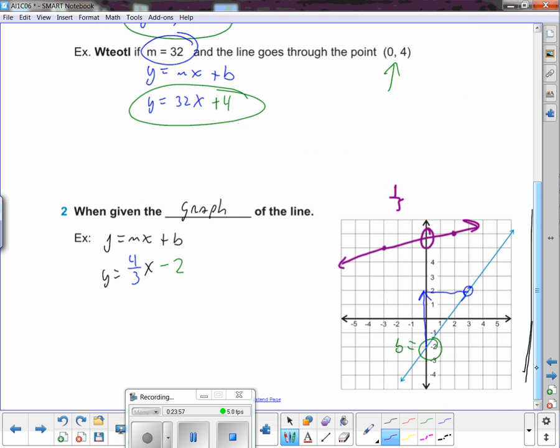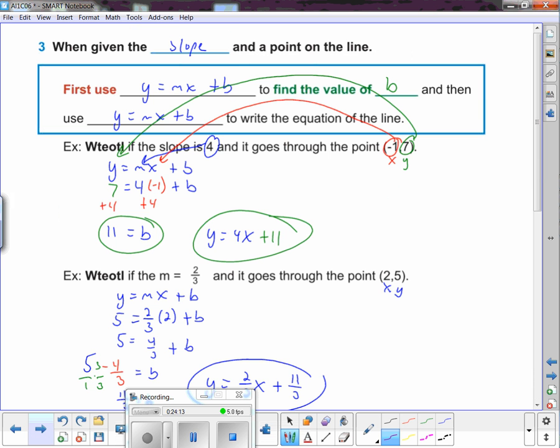Second way, they could give you the graph. Actually, in the graph, you could read both b and m right off of it. You're ready to roll. Second scenario, you could read m, but you have to figure out b using y equals mx plus b. Third situation, they give you the slope and a point on the line.